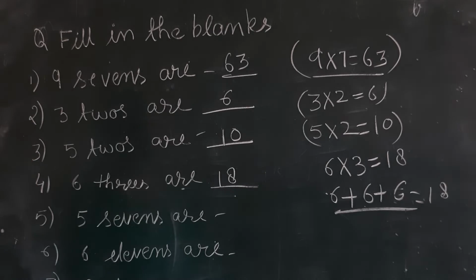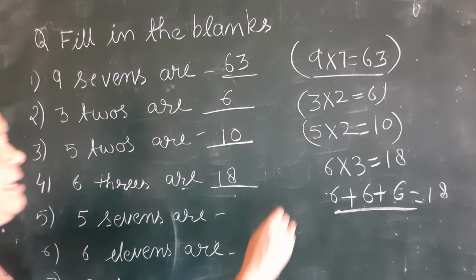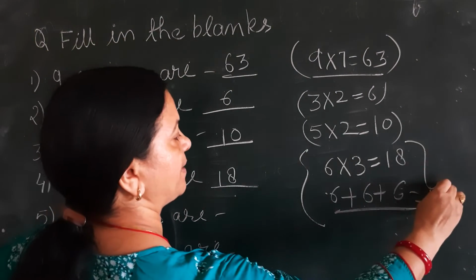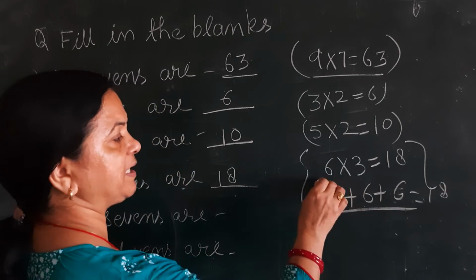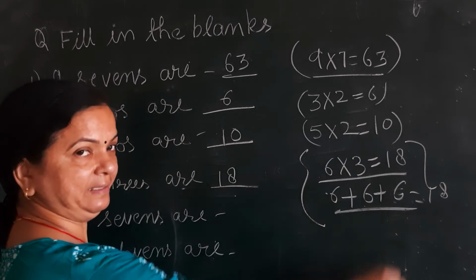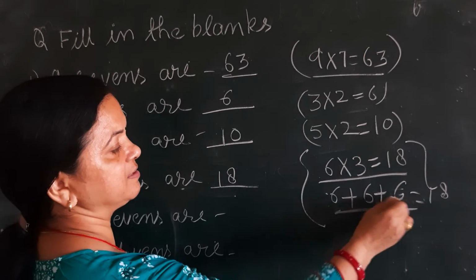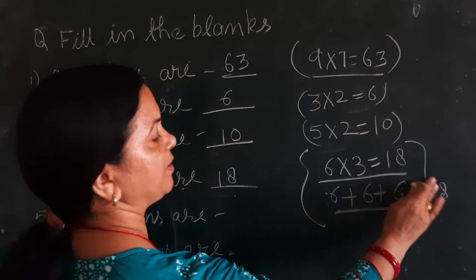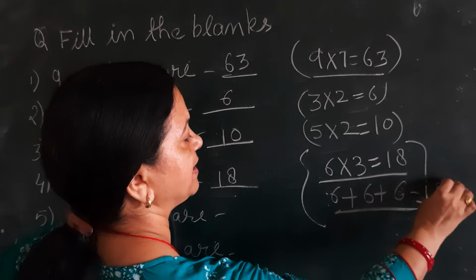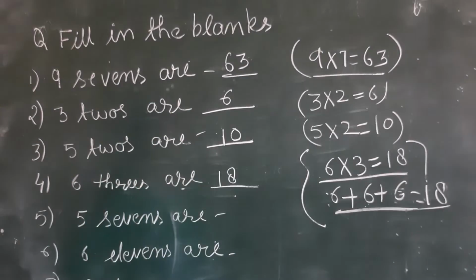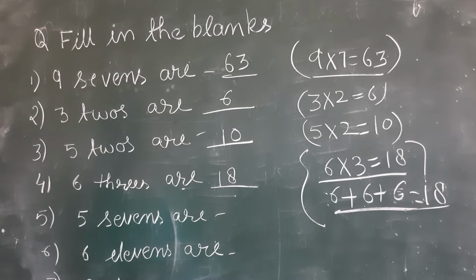Okay, student. We can apply either of the methods. Either we can multiply 6 into 3 is equal to 18, or we can write 6 three times, 1, 2 and 3: 6 plus 6 plus 6. What will be our answer? Our answer will be 18. We can apply both ways.